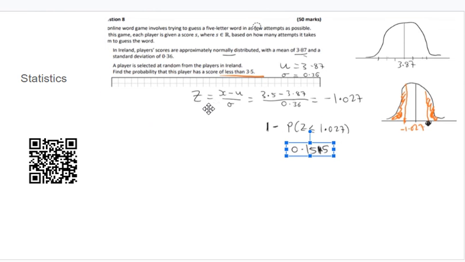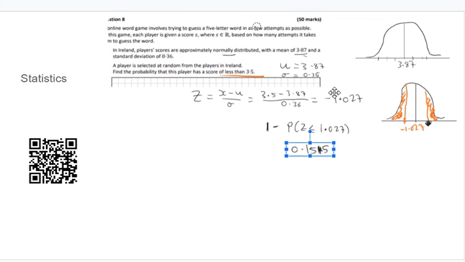So it's just working out the z-score. It tells us what the standard deviation is, tells us what the mean is, and it's asking us to find the probability that the player has a score of less than 3.5. So 3.5 is the x, 3.87 that's given to you is the mean, and the 0.36 that's given to you as well.